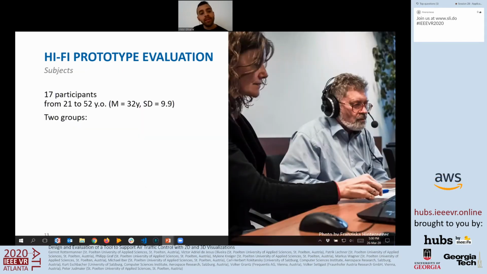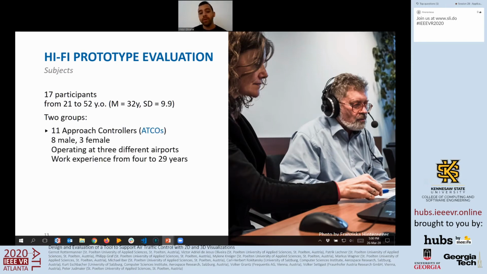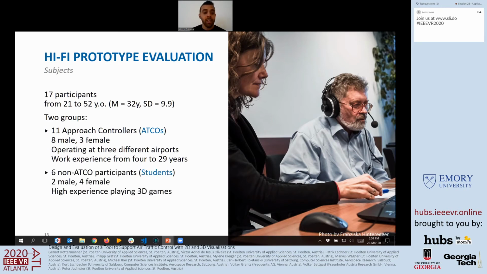To help us evaluate this, we counted with the participation of 17 participants from 21 to 52 years old, and we split them in two groups. 11 of them were our approach controllers, or HCOs, who operate in different airports in Austria and had a work experience varying from 4 to 29 years.